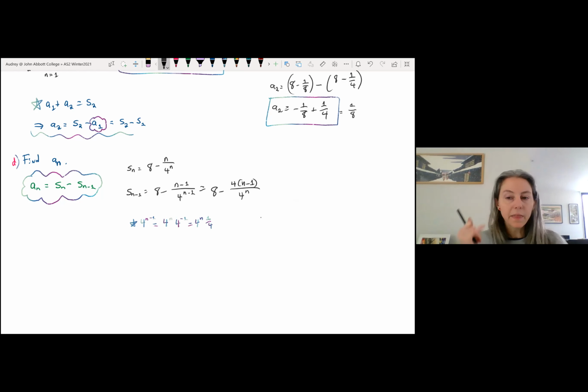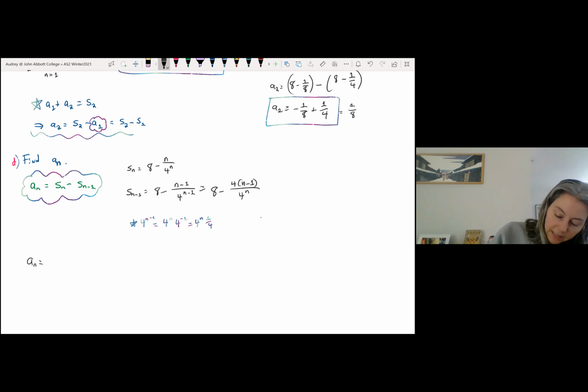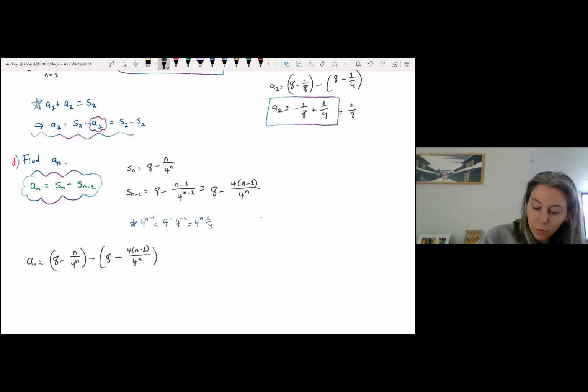And the reason I've done this is because now my S sub n and S sub n minus 1 denominators are the same. So I can say that a sub n is equal to S sub n minus S sub n minus 1. Those 8s are going to cancel out there.